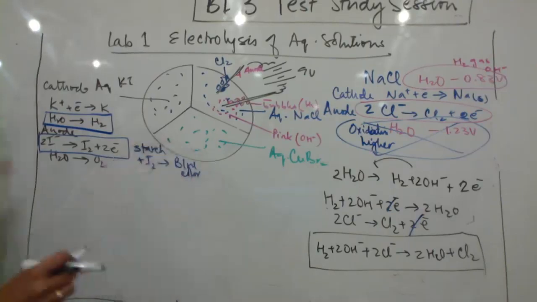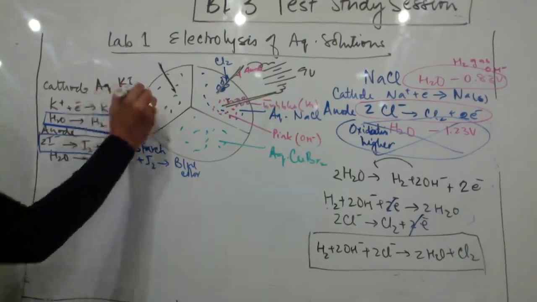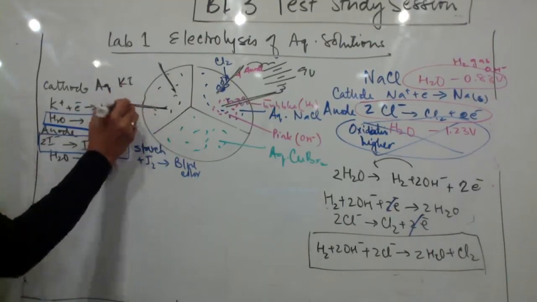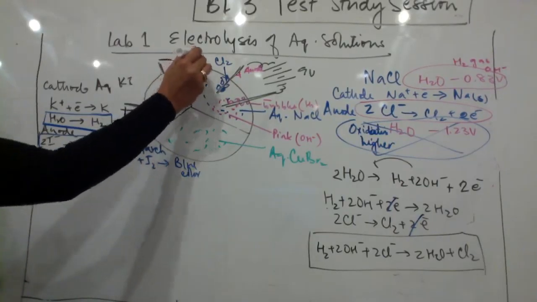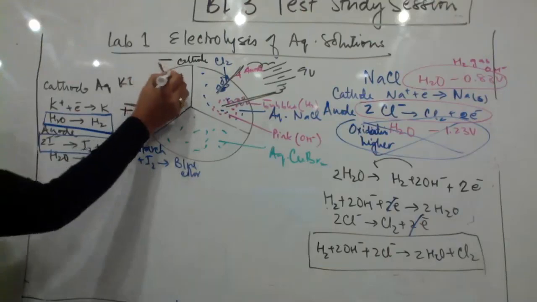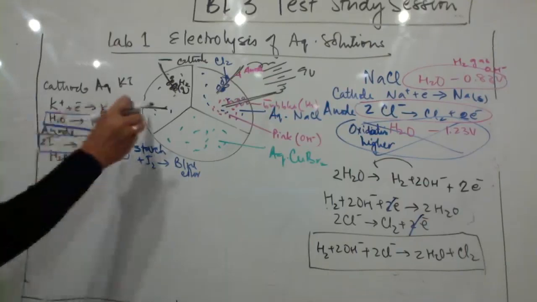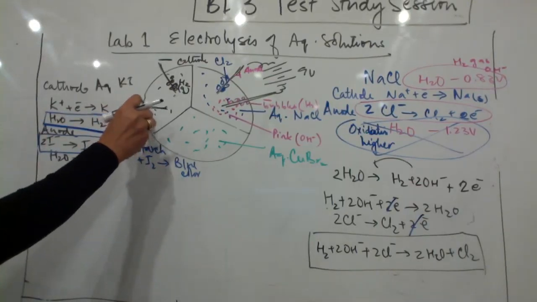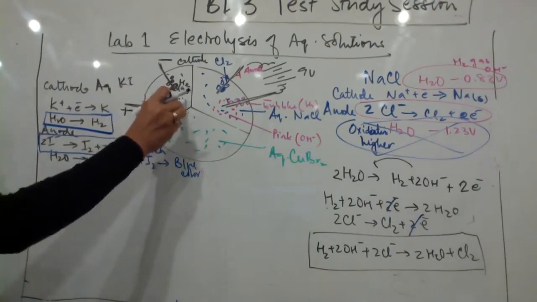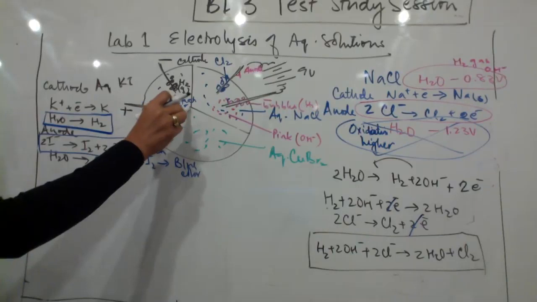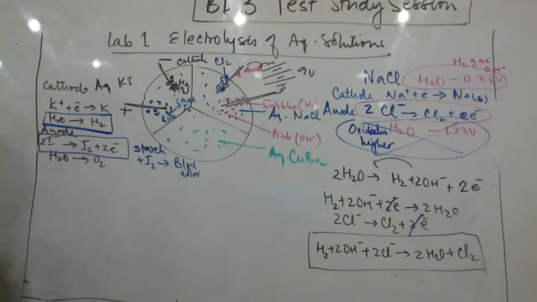So what you should have noticed in KI, when you put your two electrodes, let's say this is the anode, this is the cathode. On the cathode, you will see bubbles of hydrogen gas, and on the anode, you will see dark things here because you have starch in the solution, which with iodine makes these blue speckle-looking things.